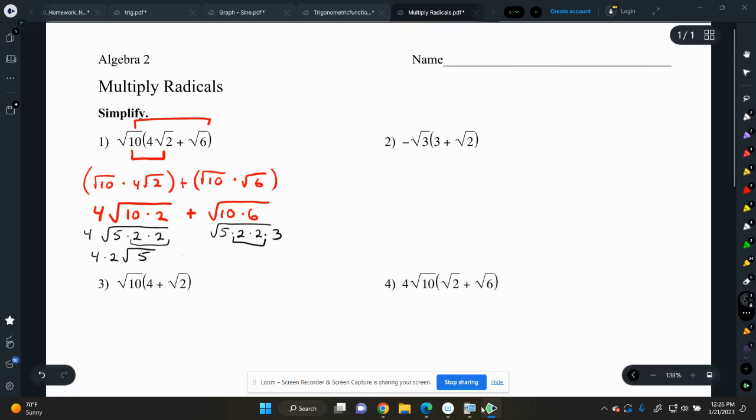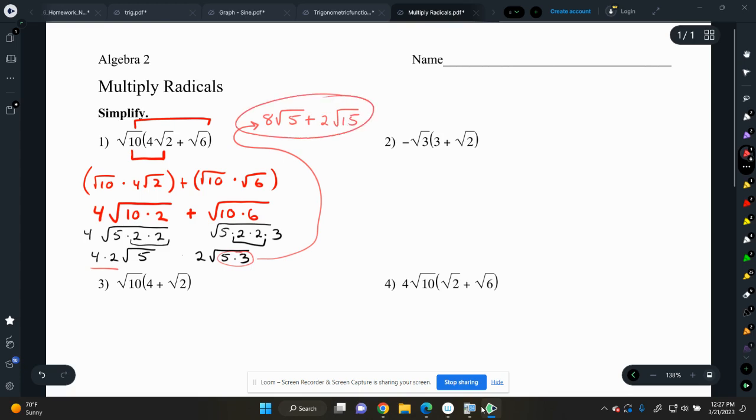So that becomes 2 square root of 5 times 3. So I end up with 4 times 2 is 8. So that's 8 root 5 plus, we've got 5 times 3 is 15. So 2 root 15. And we're done. Okay. Multiplying everything outside and then everything inside.